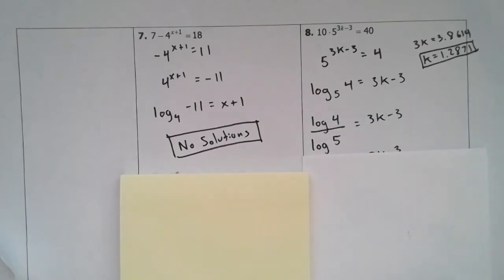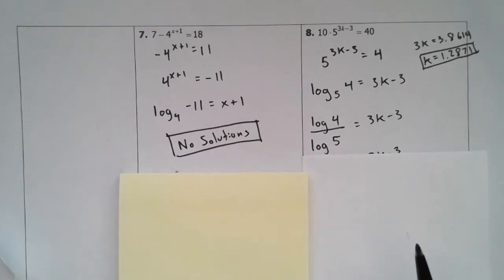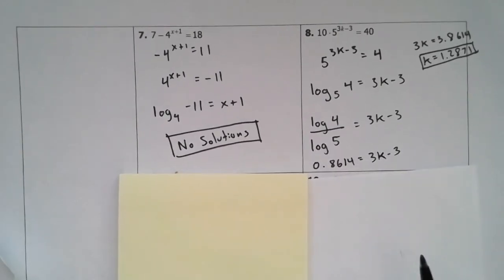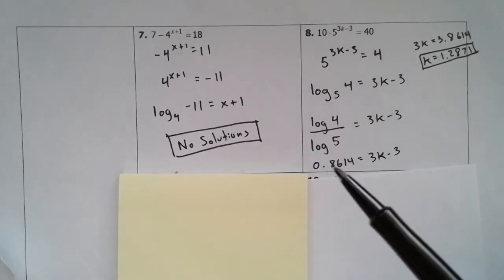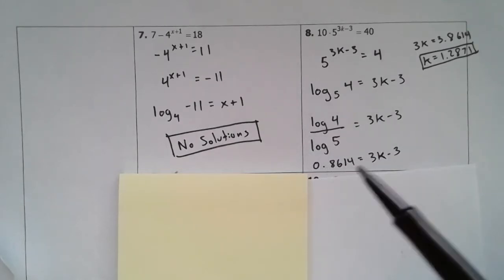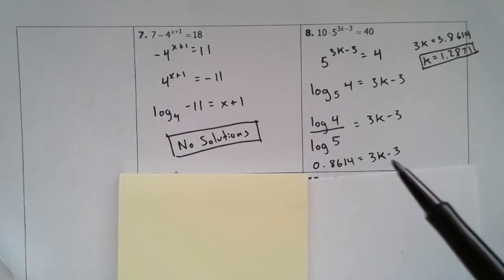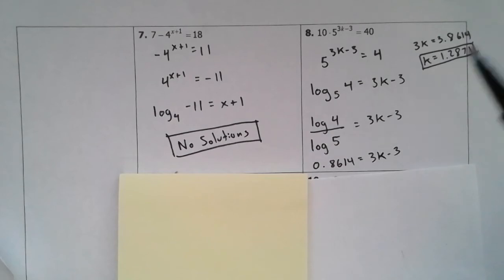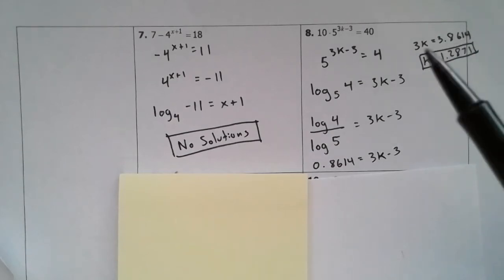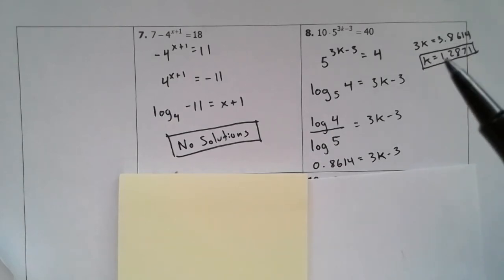So log of 4 over log of 5 is equal to 3k minus 3, and when I do this in the calculator, I got 0.8614, and that's equal to 3k minus 3. I add 3 to both sides, I got this here, and then finally I divide by 3, and I get the final answer, 1.2871.